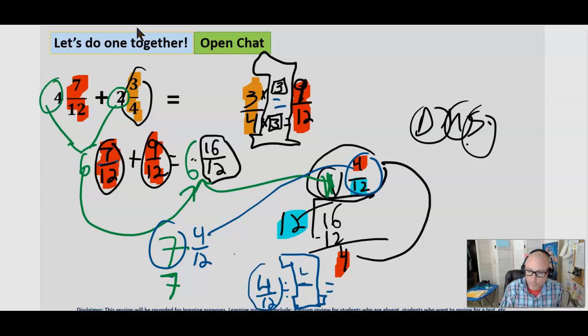It's 4. Divided by 4/4. 4 divided by 4 is 1. 12 divided by 4 is 3. So that's 1/3. 4/12 is the same thing as 1/3, even though they have different denominators. They're equivalent. So I'm just going to do 7 and 1/3. Ta-da! Next.